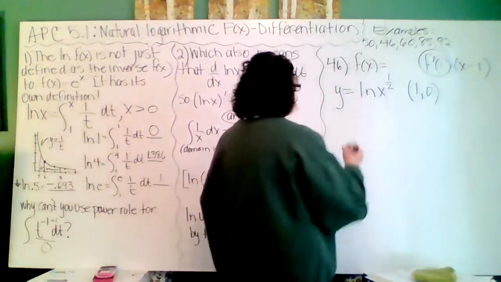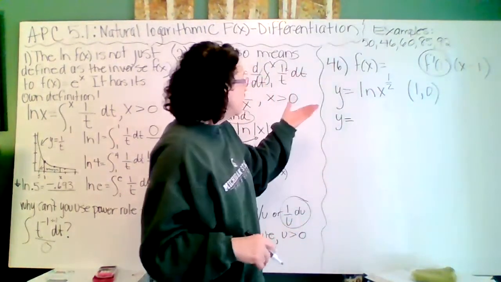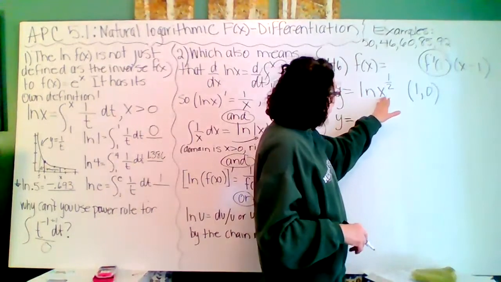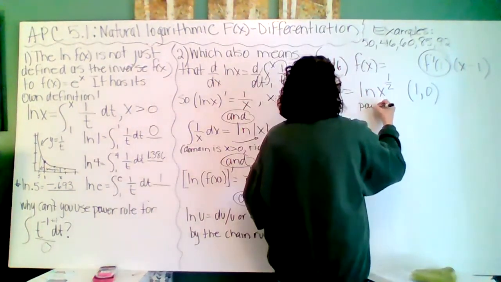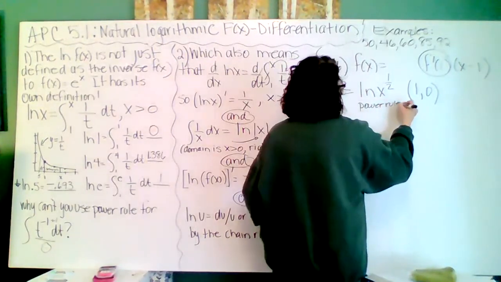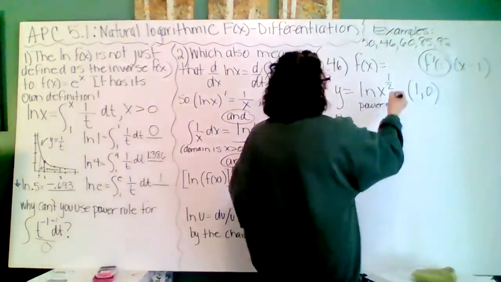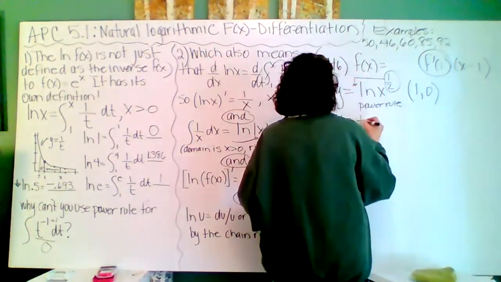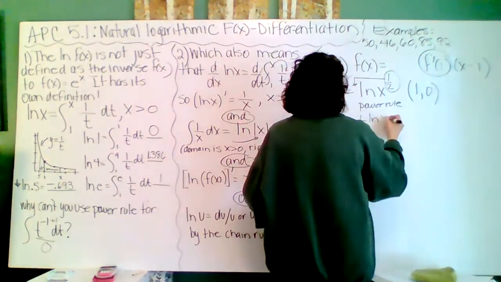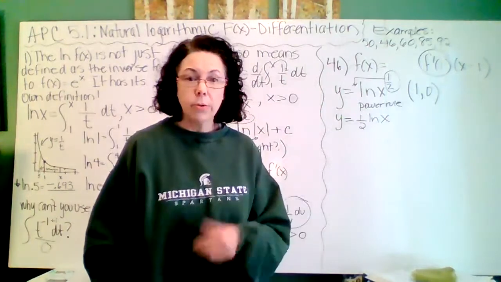When you have the logarithm of a number to an exponent, by the power rule, I'm not taking the derivative here, students, I'm just using the power rule. I can bring this 1/2 out front and multiply it by the rest of the log.